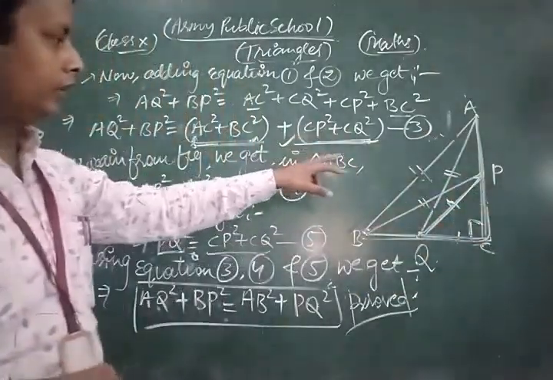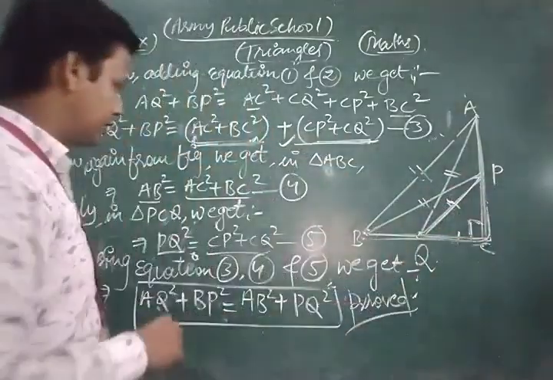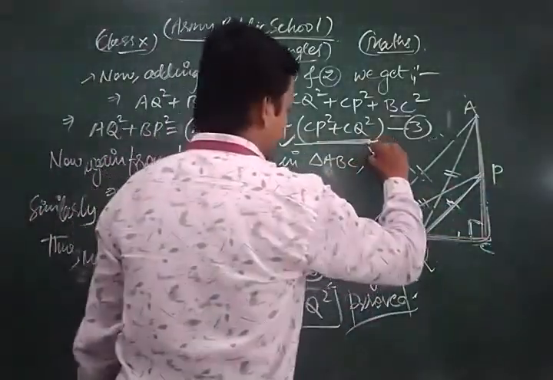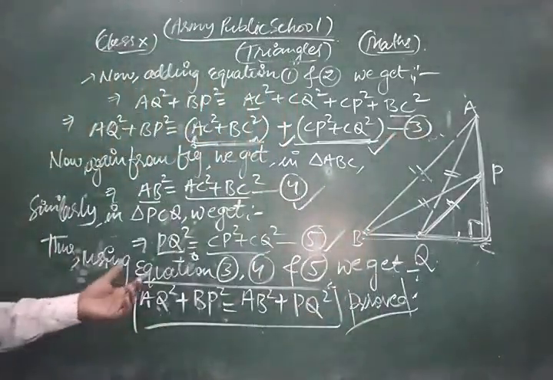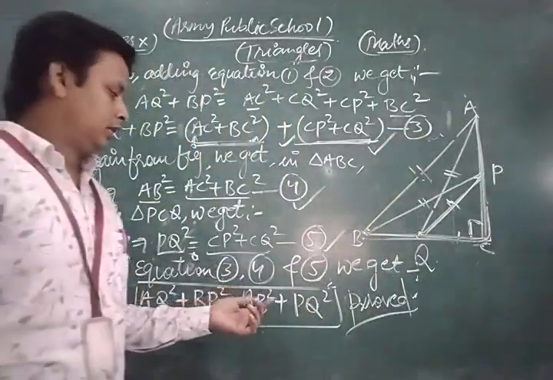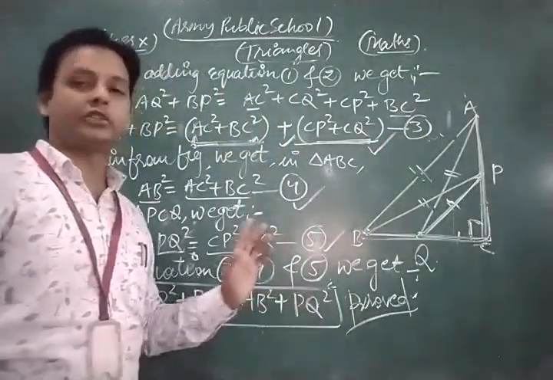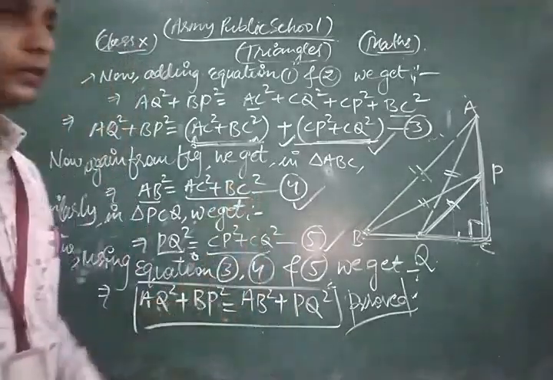And then we take triangle PCQ, from there we get this relation. So now using equation 3, 4 and 5, we have AQ square plus BP square is equal to AB square plus PQ square. Hence proved. So dear students, this is the process to solve that type of question.